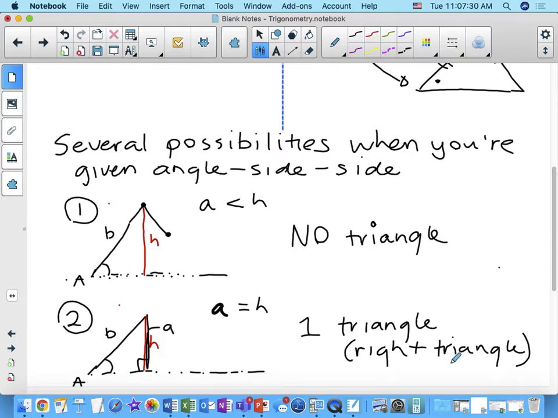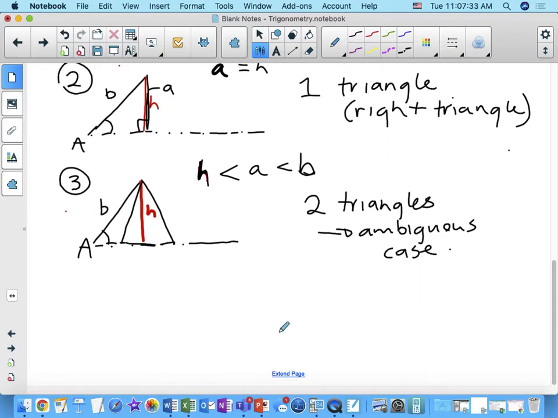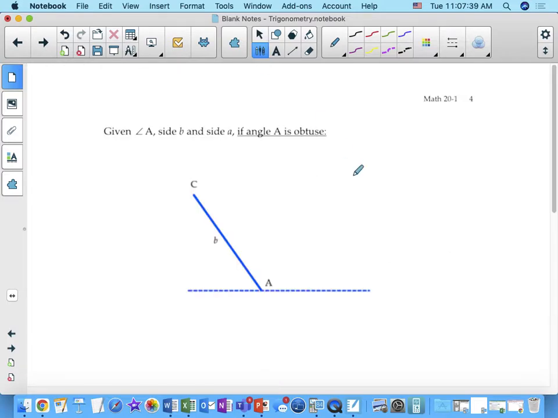Now, let's see what would happen if it's greater than. If it's greater than, and also if angle A is obtuse, right?